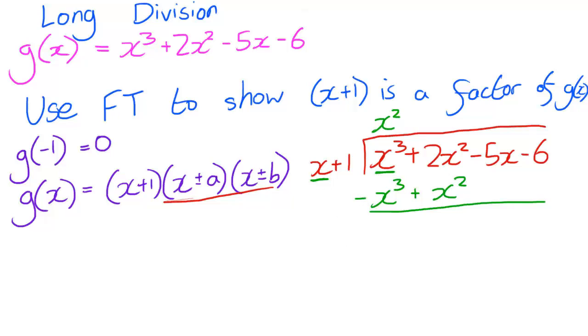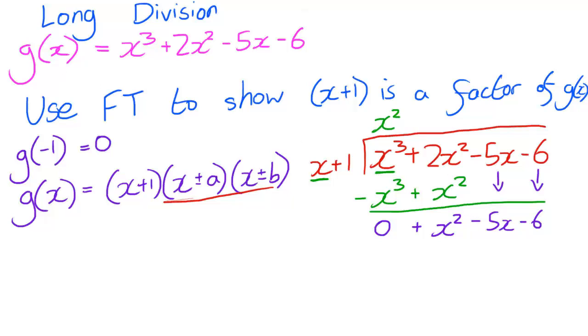So everything up here, this long cubic, take away these two terms. x cubed minus x cubed is 0, and then 2x squared minus x squared is plus 1x squared. And these two terms just carry down like this. You can imagine this is plus 0, and minus 5x minus nothing is minus 5x, and the same goes for minus 6. And then we do the same thing again.